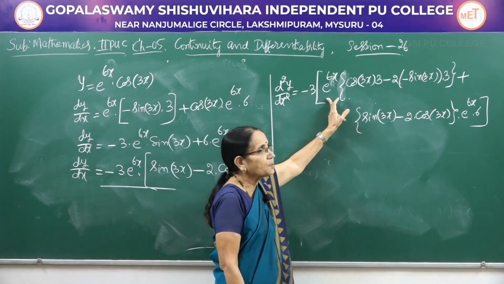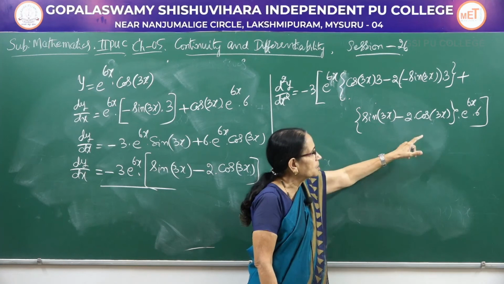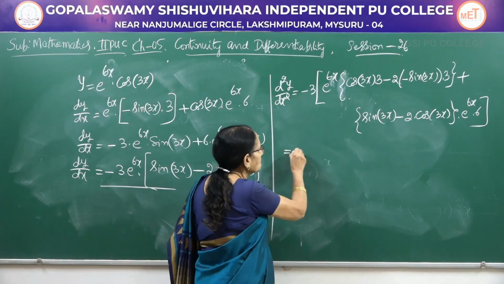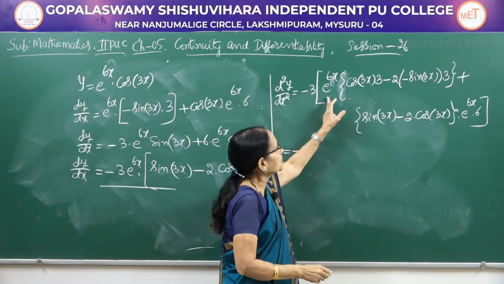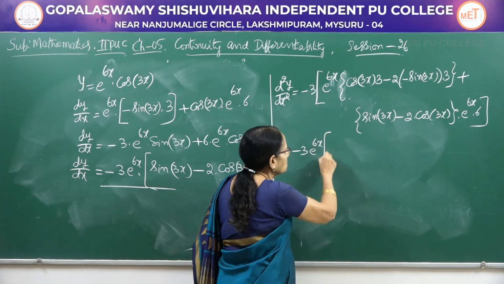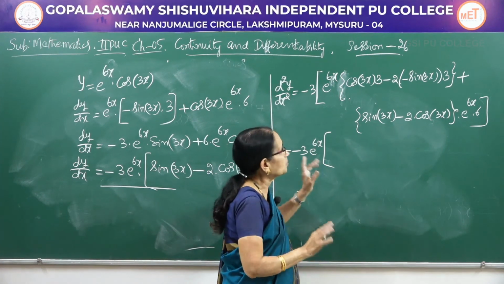So first function e power 6x into derivative of the second, plus the second function into derivative of the first. Now here minus 3 into, first you take out e power 6x, which is present in both of them, as common factor. Now write all the terms inside the square bracket one by one.